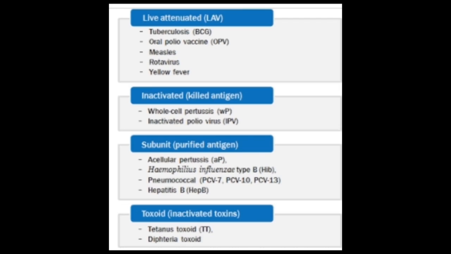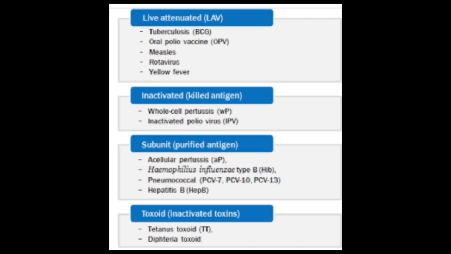This is done with a few vaccines. A similar method is used for vaccination against hepatitis B, acellular pertussis, and Haemophilus influenzae type B. For all these diseases, vaccines are developed from a part of the virus itself. A unit of it is taken.